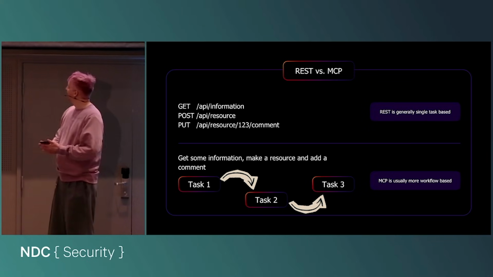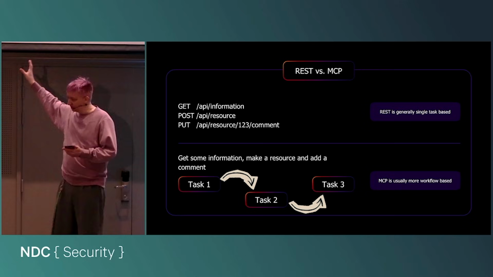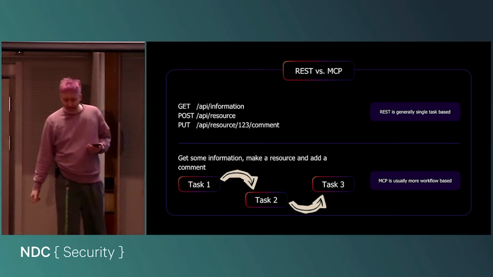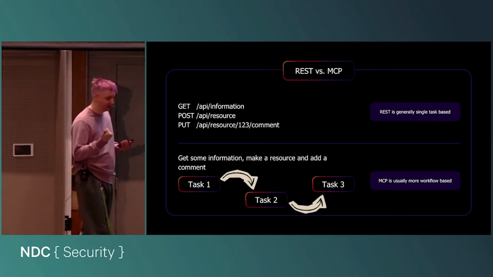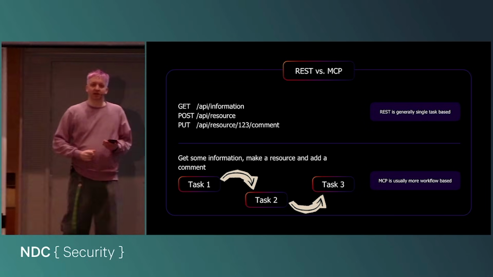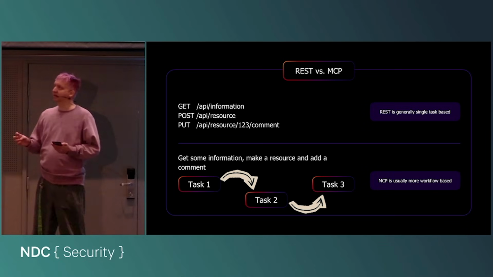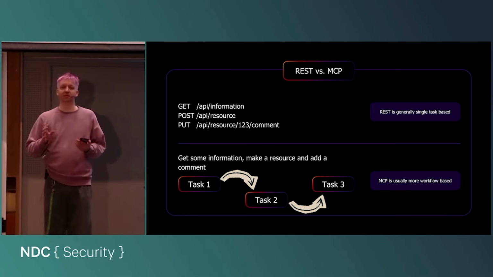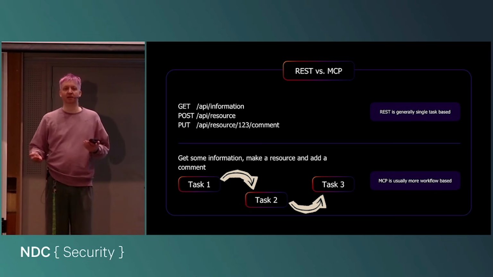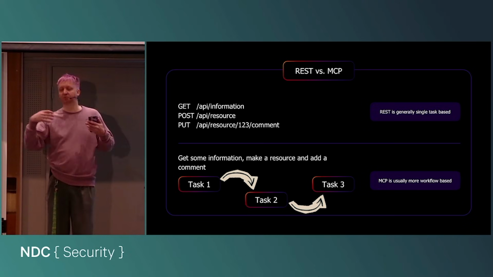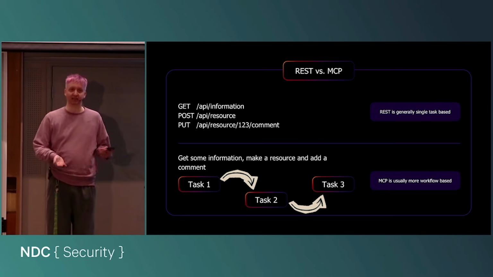So you don't have the same control in what is being called. Like I was in a project recently as well, and they were saying, we're kind of afraid that our agents will do things that our developers don't do today. They have the access, but they don't actually push the buttons.